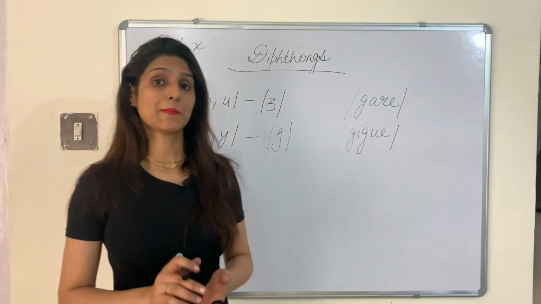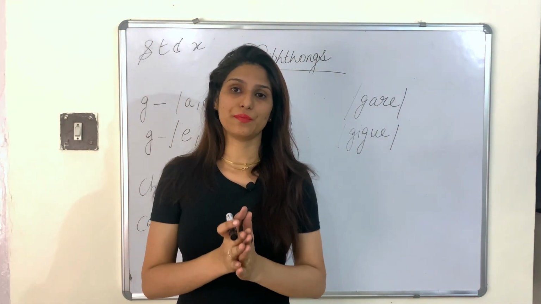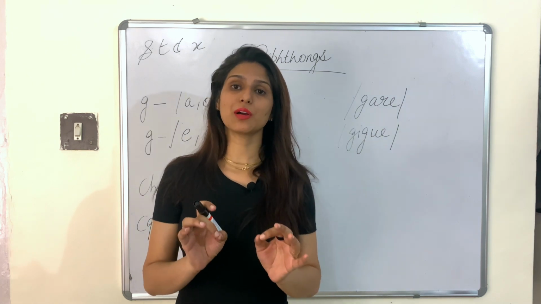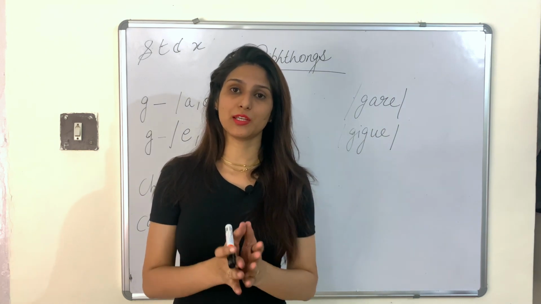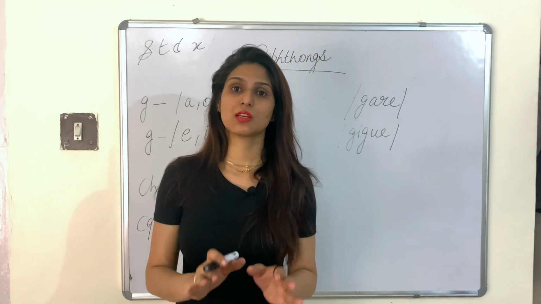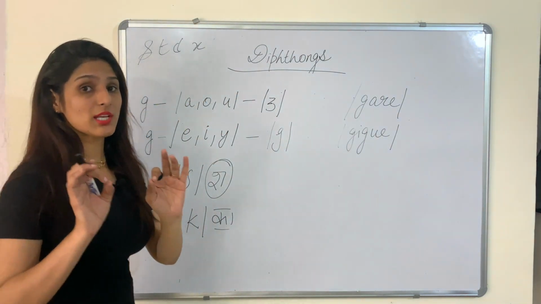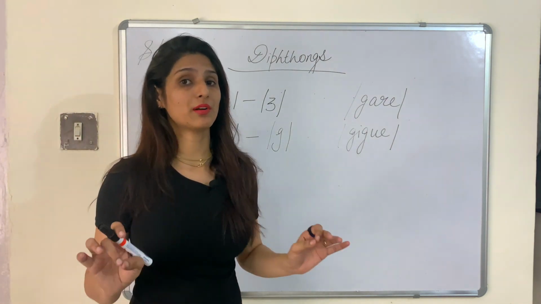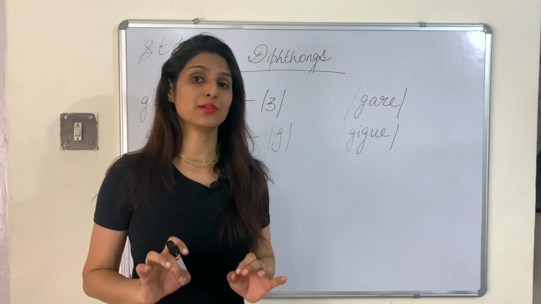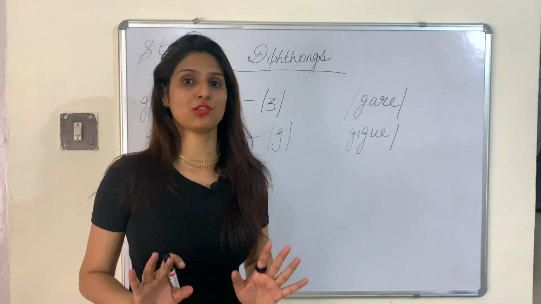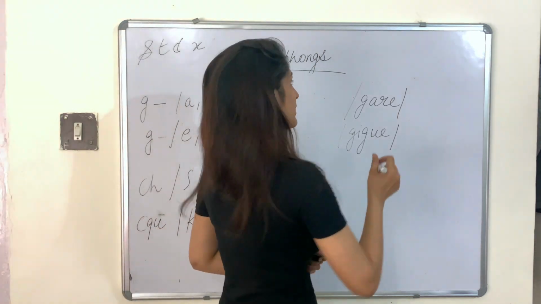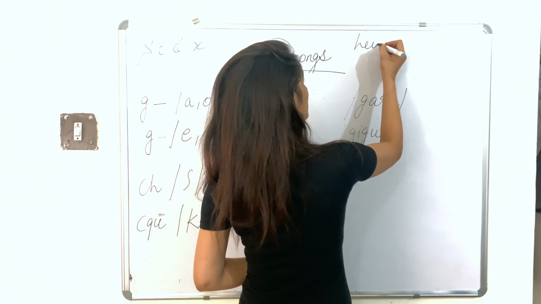Now first of all, put it in your head that maximum consonants, whenever they are coming at the end of any word, are not pronounced. Especially S, T, D, X are such consonants which are never pronounced whenever they are coming at the end of any word in French. I'm going to give you examples like r.